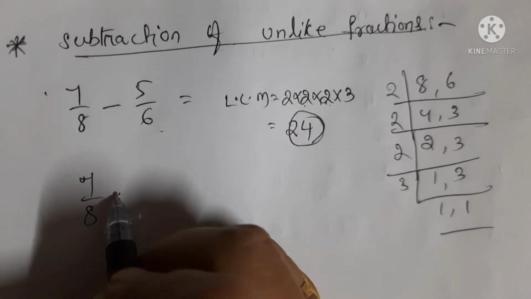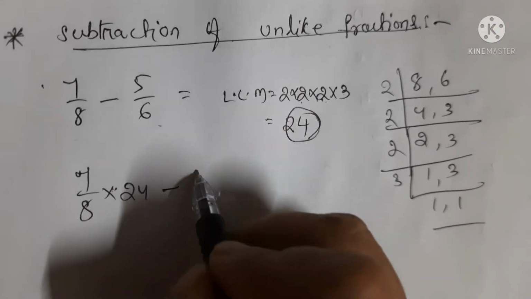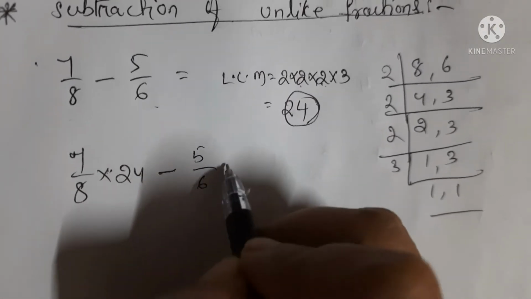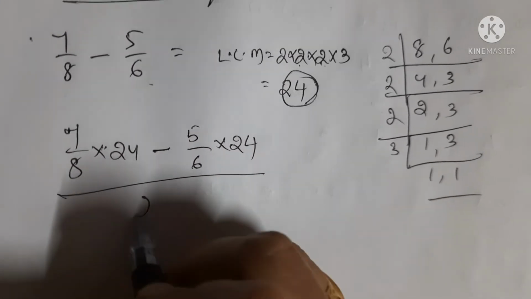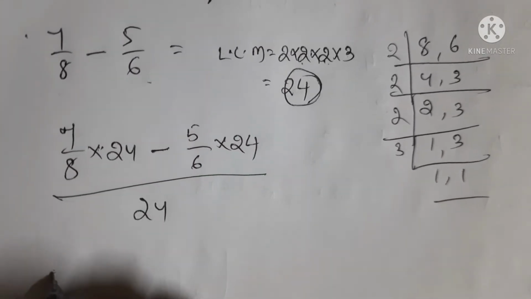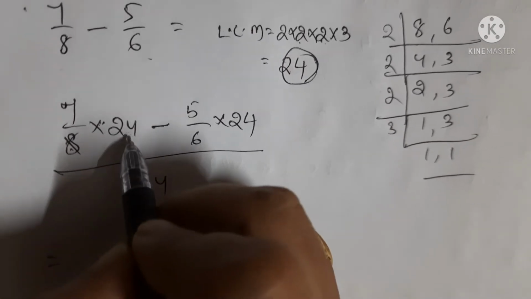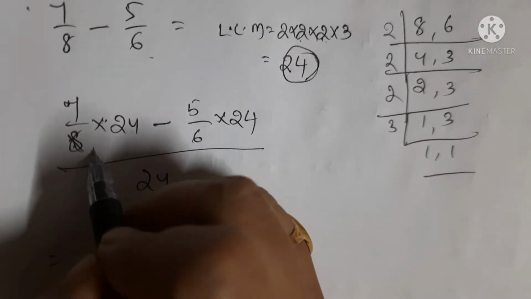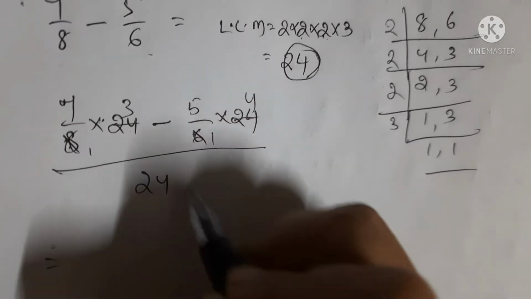So now we'll solve this. 7 upon 8 into 24, minus 5 by 6 multiply 24, whole by 24. Now in the 8 table we have this LCM 24, so 8 1s are 8, 8 3s are 24. Here also 6 1s are 6, 6 4s are 24.